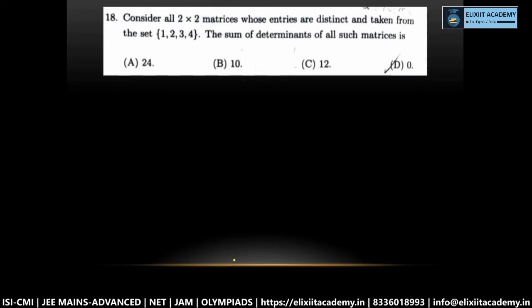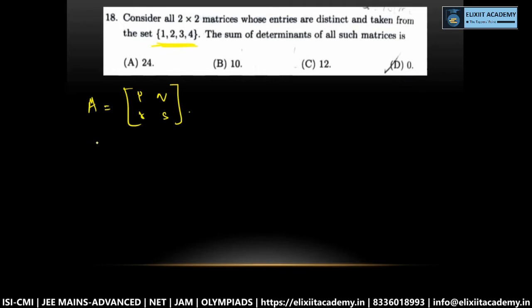Let's say the matrix is PQRS, and all these elements are coming from the set 1, 2, 3, 4.